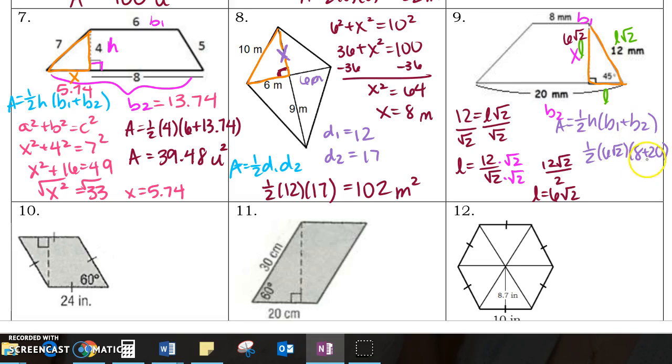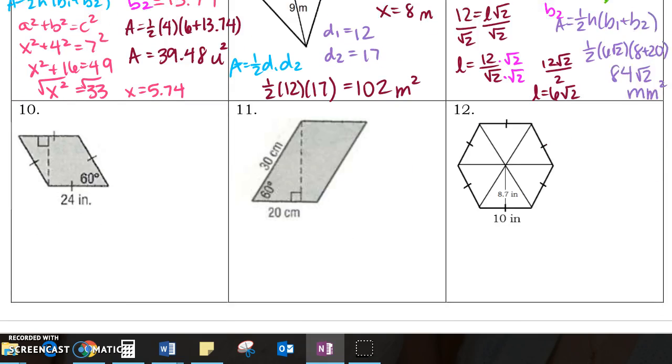So that is going to look like 1/2 times 6 times 28, which is 84 root 2 millimeters squared. Hopefully you can put that in your calculator, but make sure you don't put that square root in.